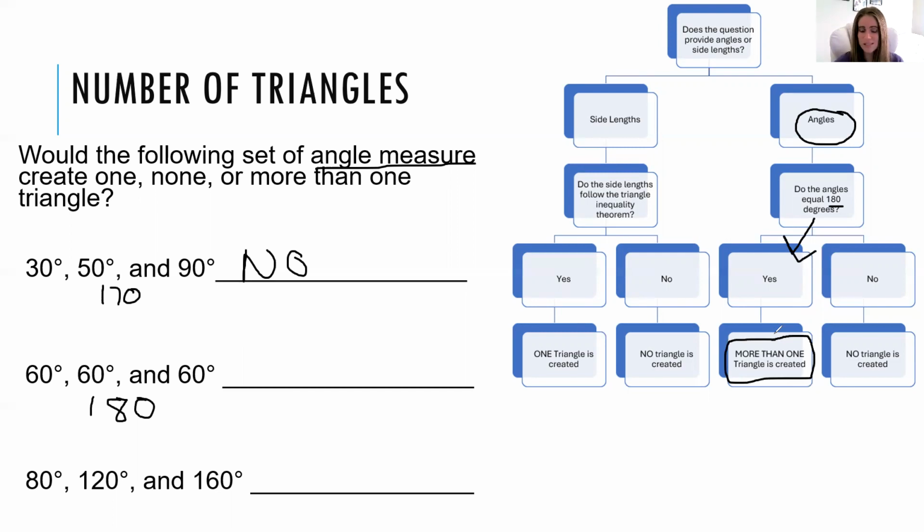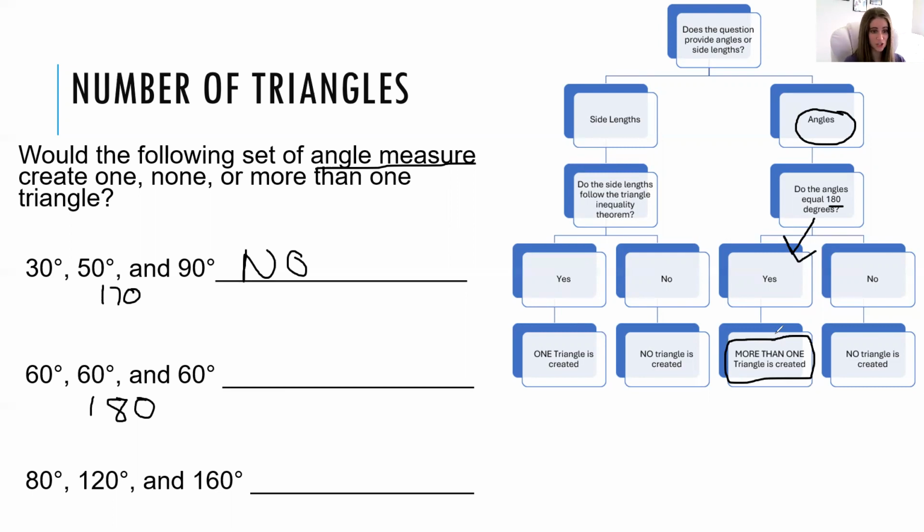The reason for this is scale factor, which we're going to talk about a little bit later in the video. But remember, with scale factor, you can either enlarge or shrink a shape. Well, when you enlarge or shrink a shape by that scale factor, it doesn't change the angle measurements.